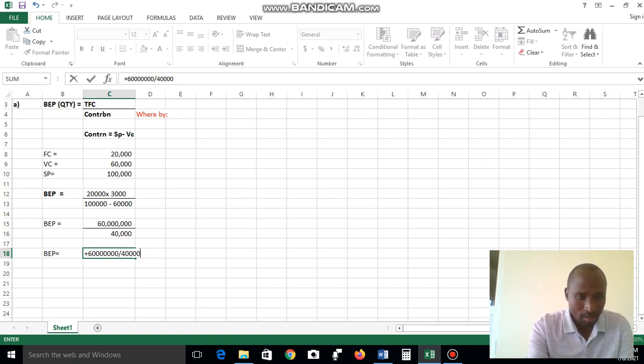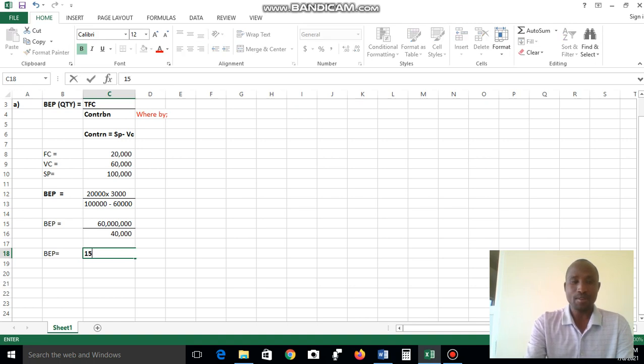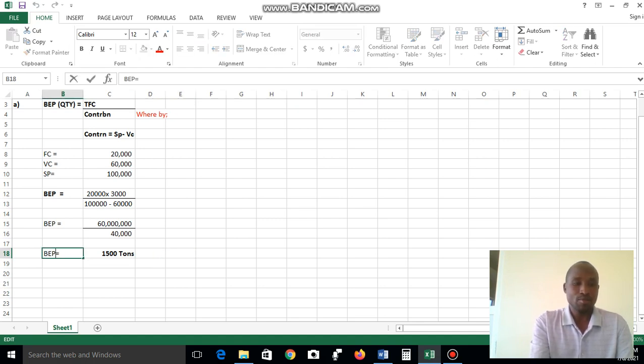So our break-even point in units, these are tons, is 1,500 tons. So this is our break-even point in units.